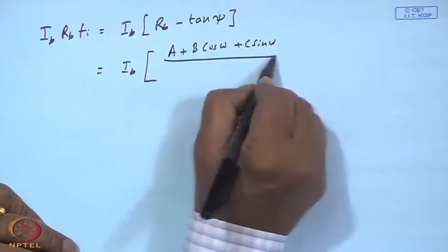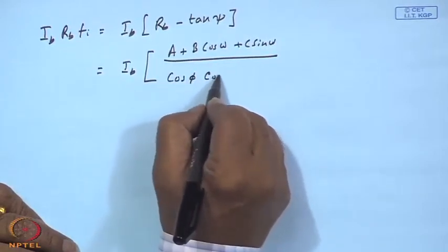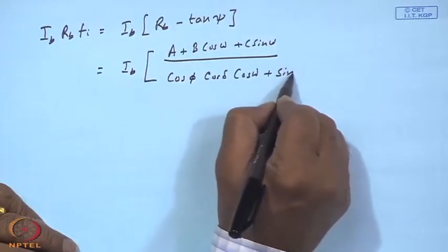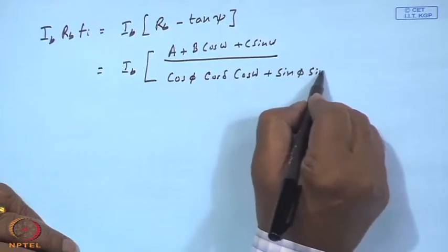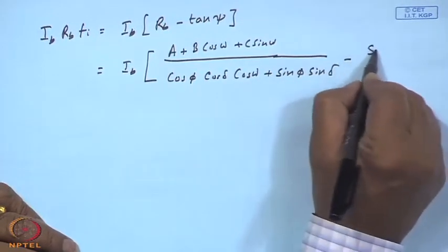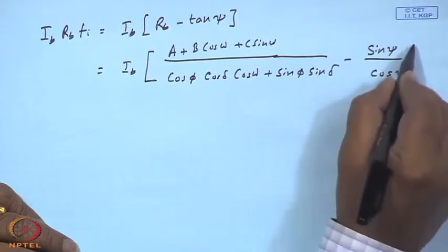It need not be south facing, by cos theta_z: cos phi cos delta cos omega plus sin phi sin delta, minus sin psi by cos psi.